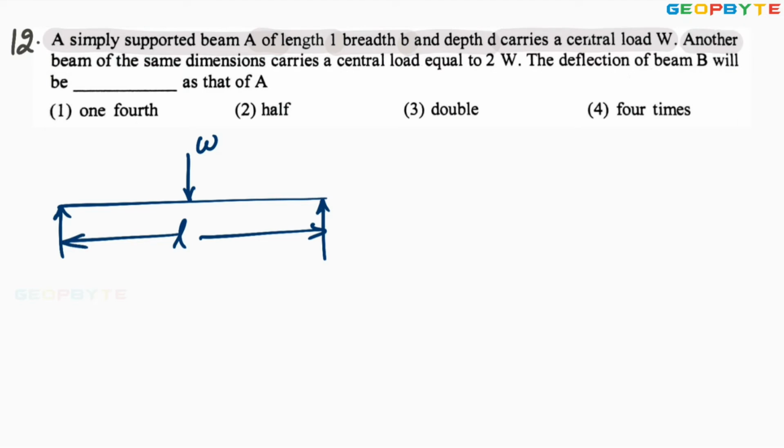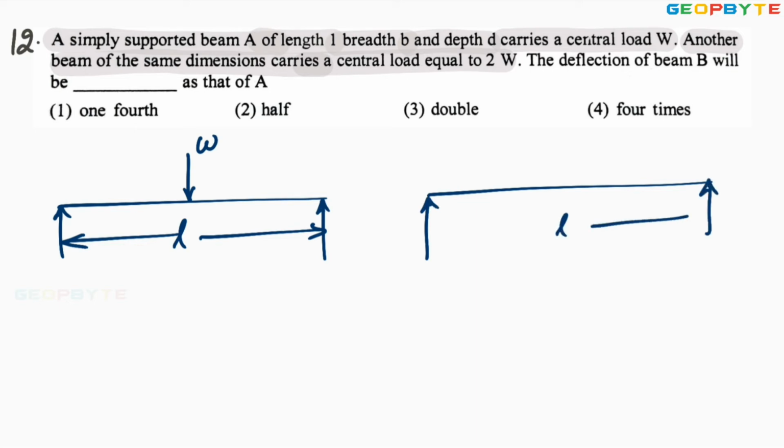Another beam of the same dimension carries a central load equal to 2W. The other case: the beam with same dimensions means length remains same, but the central load carried by the second case is 2W.